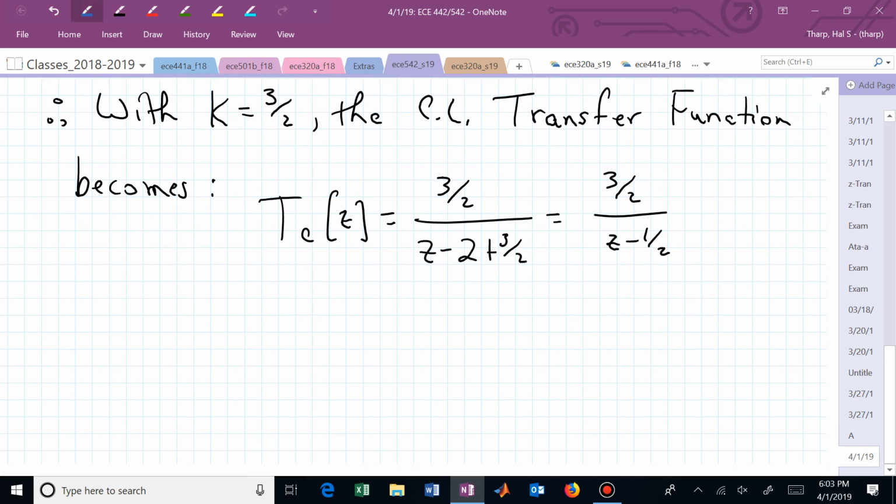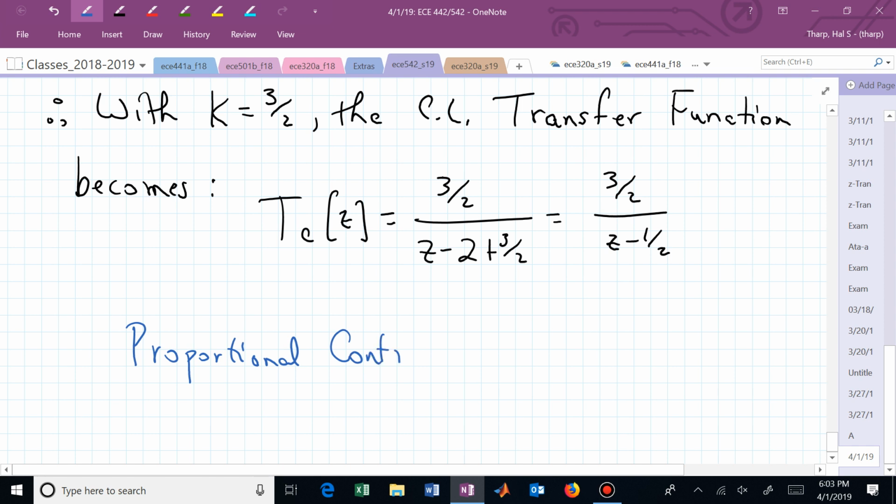And what was our proportional controller to make this closed loop transfer function? We've now designed our first PID controller. It's fairly maybe trivial, but it's now just a proportional gain of 3/2.